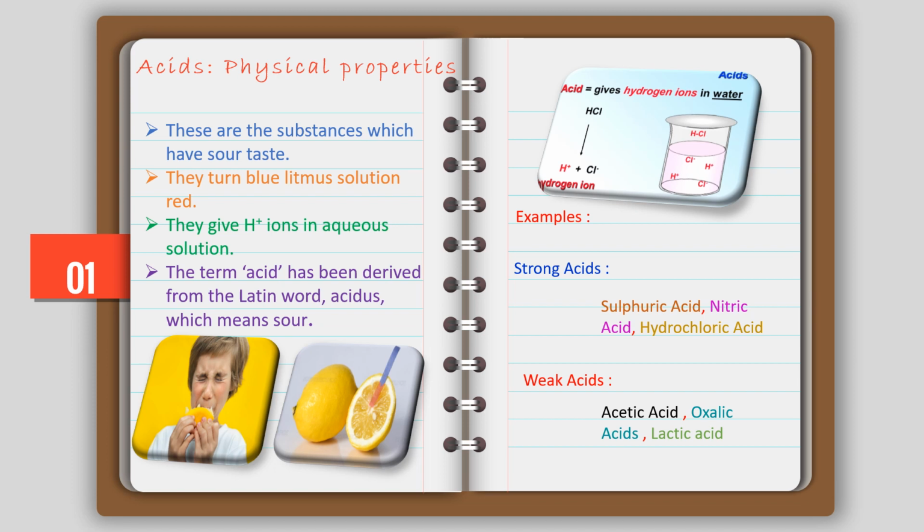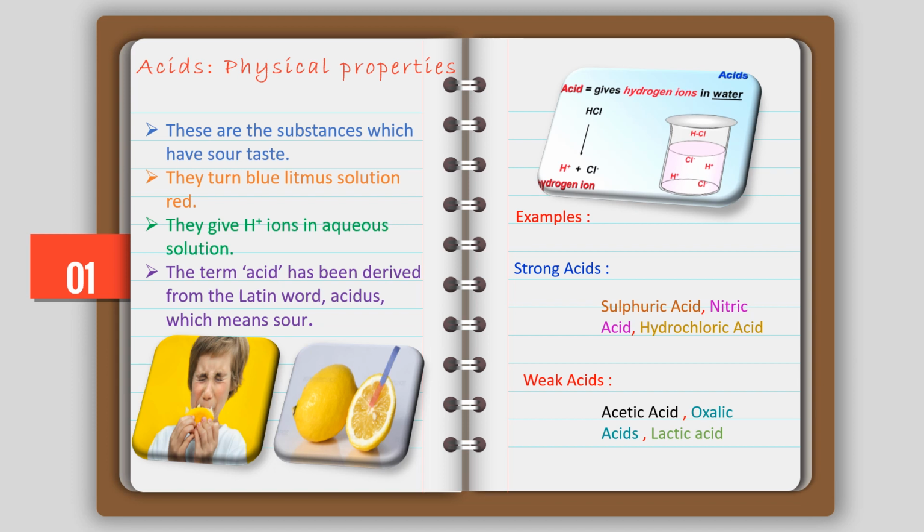In the third picture you can see that when an acid is dissolved in water, it dissociates into H plus and Cl minus. So in aqueous solution, acids dissociate into H plus ions.